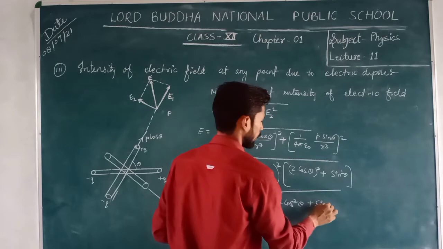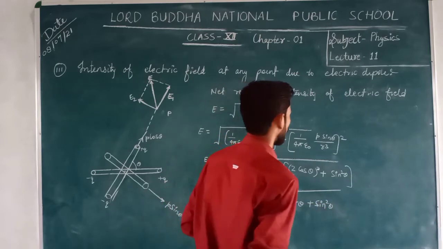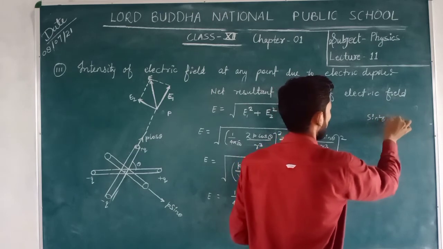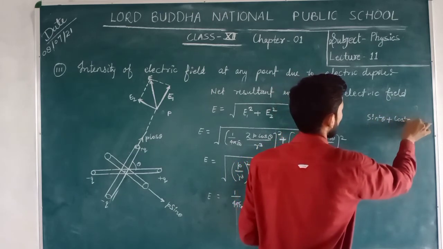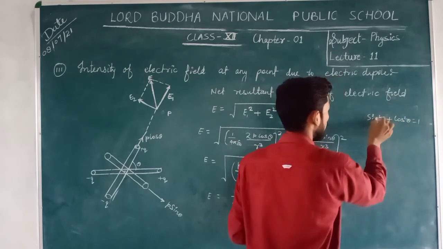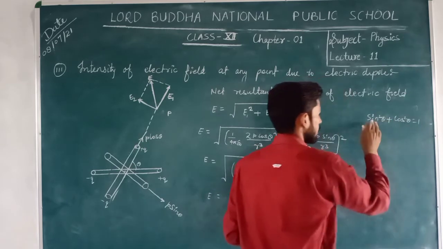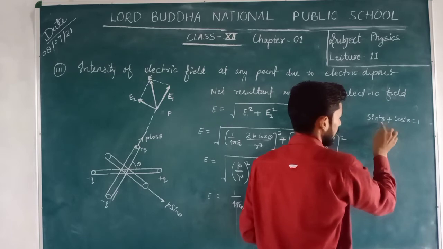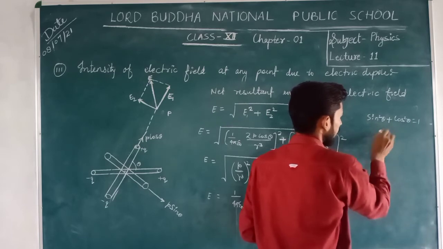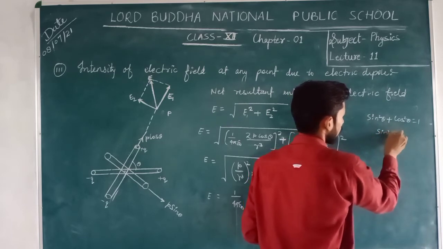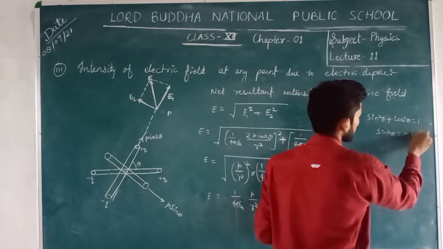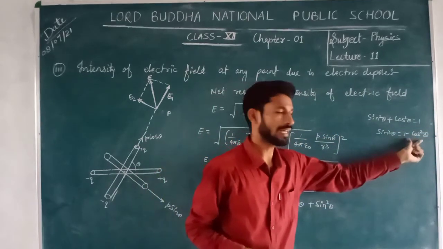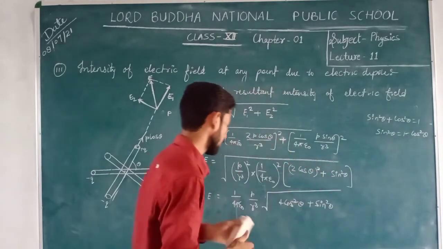square theta. We know that sin square theta plus cos square theta equals to 1. So in place of sin square theta we can write 1 minus cos square theta.